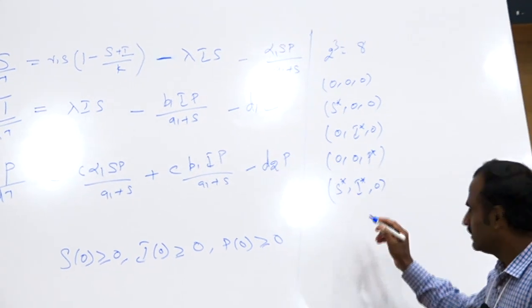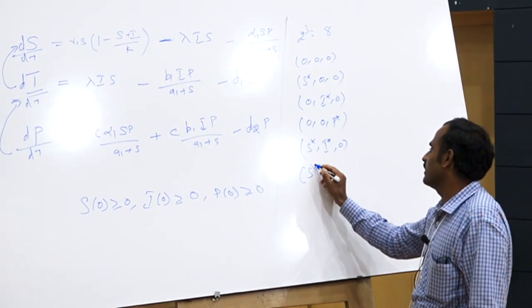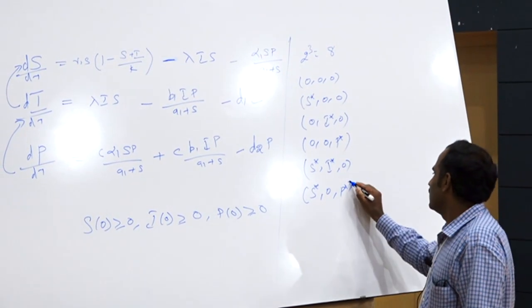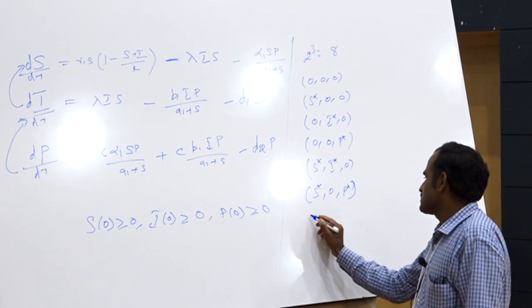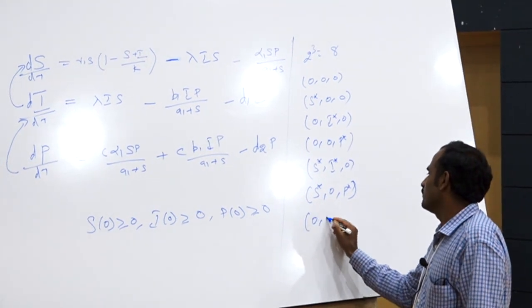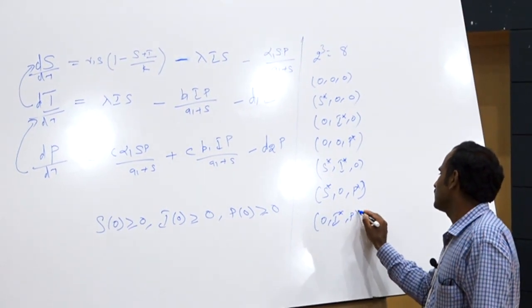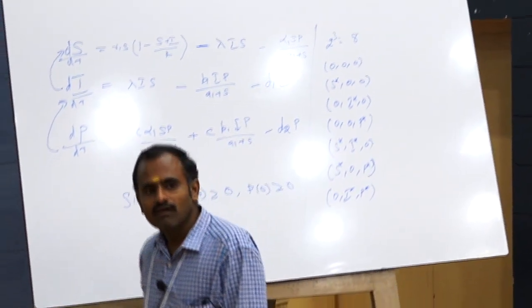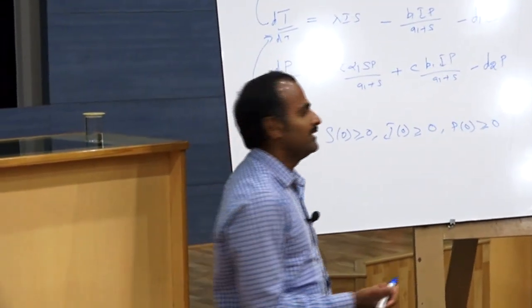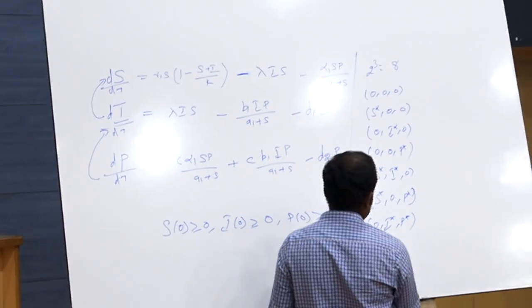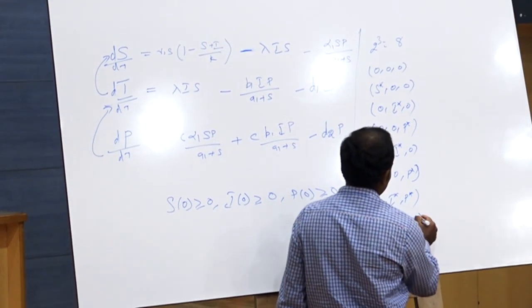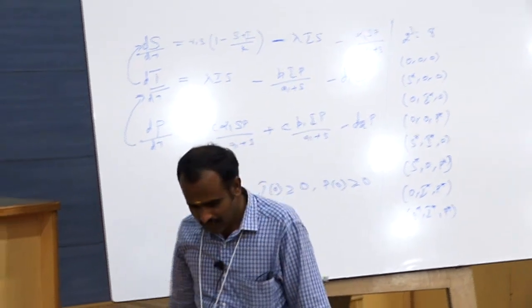Next is the infected prey free equilibrium point, that is S star, 0, P star. Another one is the susceptible prey free equilibrium point, 0, I star, P star. And the last one is the positive or endemic or interior equilibrium point, denoted as S star, I star, P star. So there are 8 possible equilibrium points in our system.